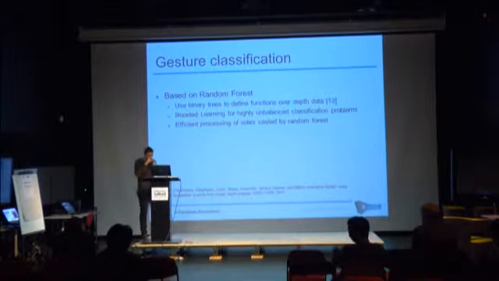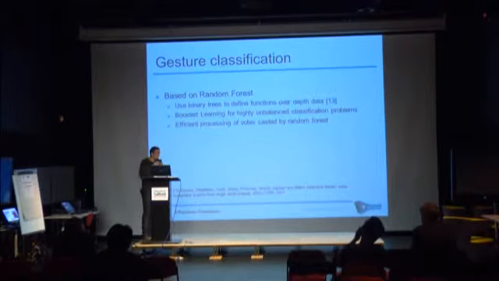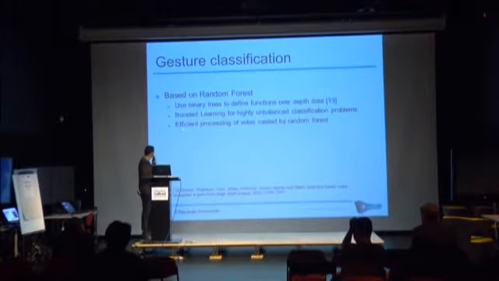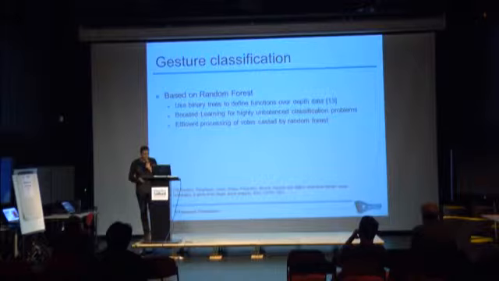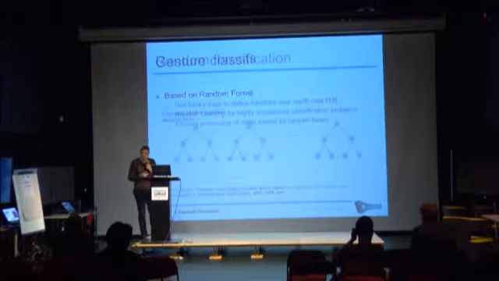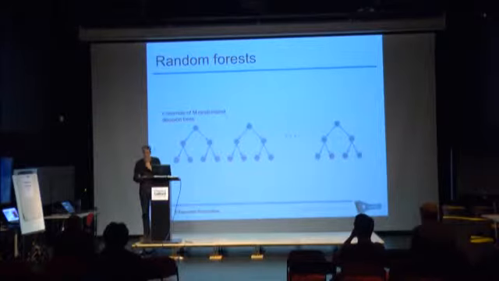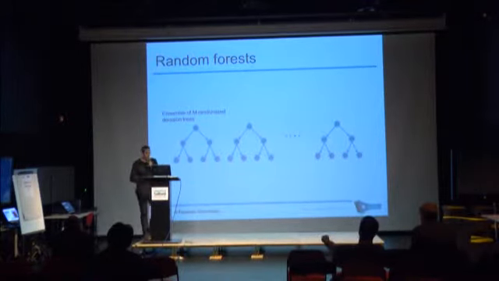Random forest uses a group of binary trees to do a classification. We also use some boosted learning and an efficient process to be more robust. So like my colleague Jeff did before, I'm going to try to explain random forest in 2 slides as well.